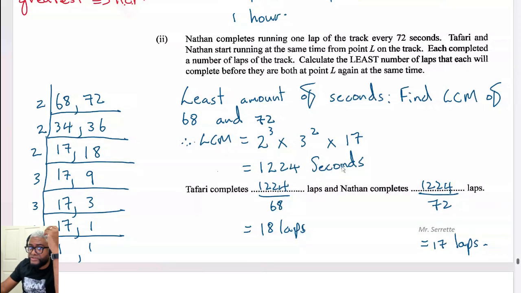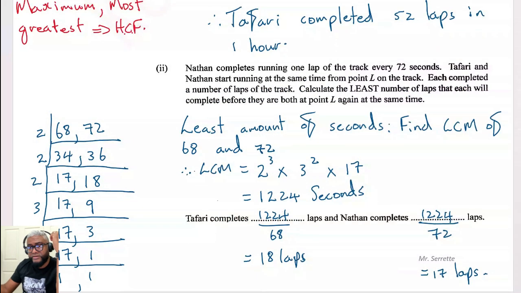We got 1,224 seconds. We divided 1,224 by 68 to find how many laps Tafari would take, and then we divided 1,224 by 72 to find how many laps Nathan would take. Right, guys? So copy this down.